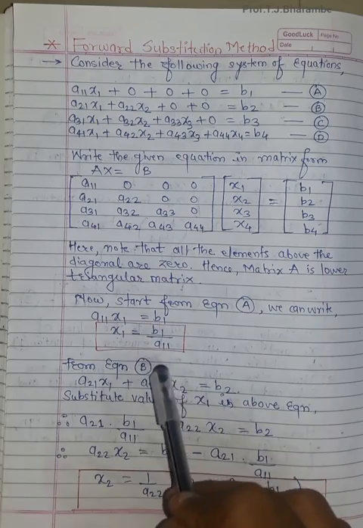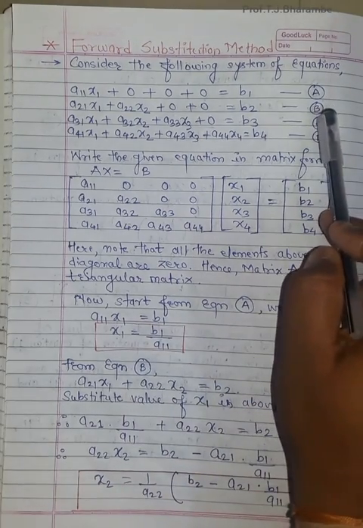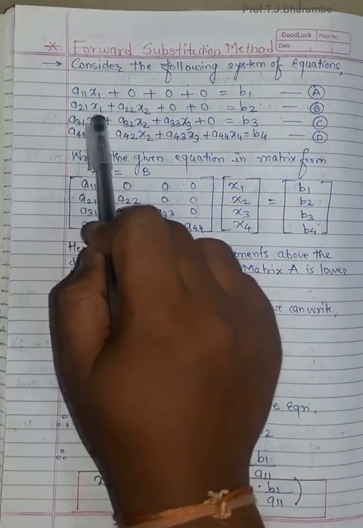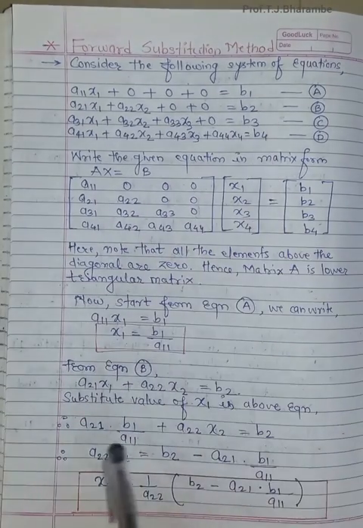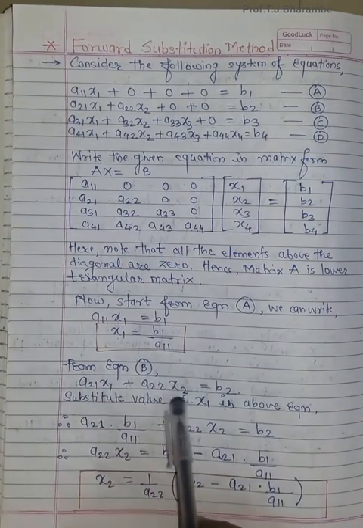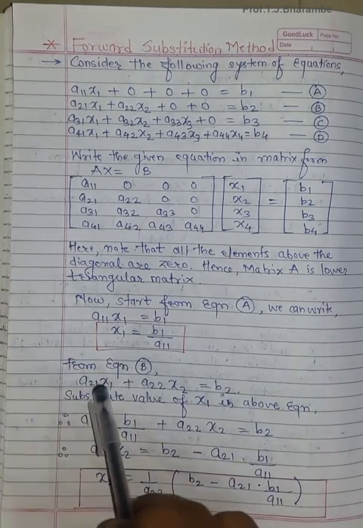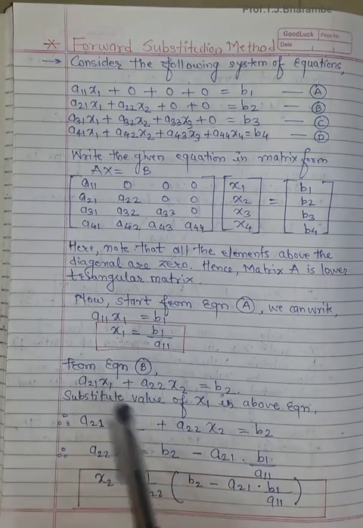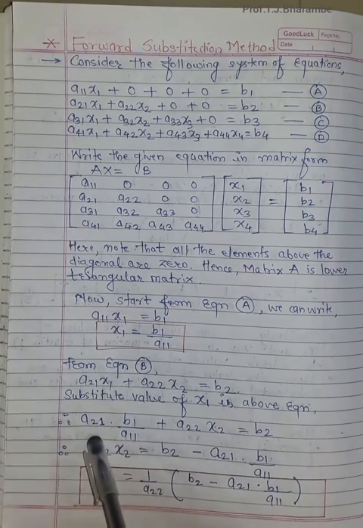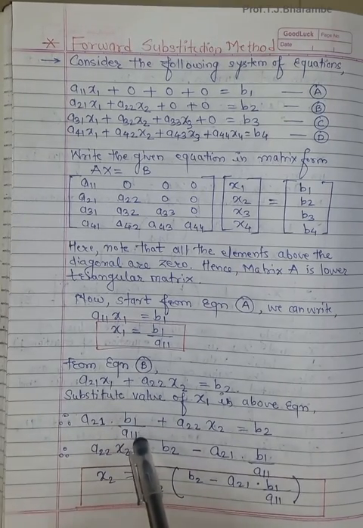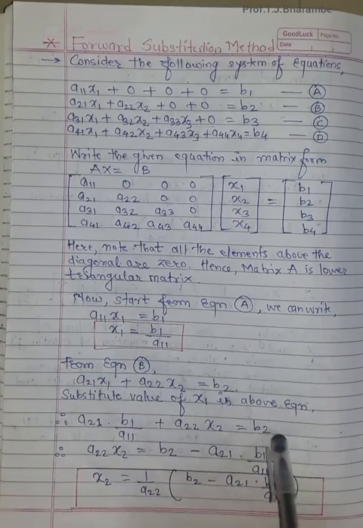Now we have to consider the second equation, that is equation B. So a21 x1 plus a22 x2 is equal to b2. Now we have got the value of x1, so put that value in this equation. We substitute the value of x1: a21 into b1 upon a11 plus a22 x2 is equal to b2.